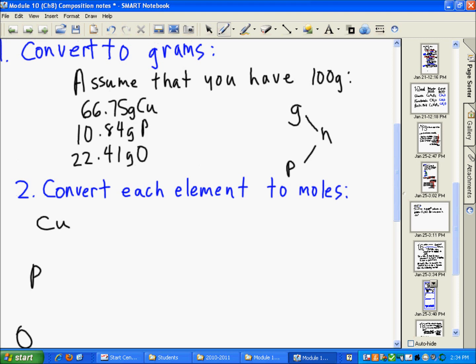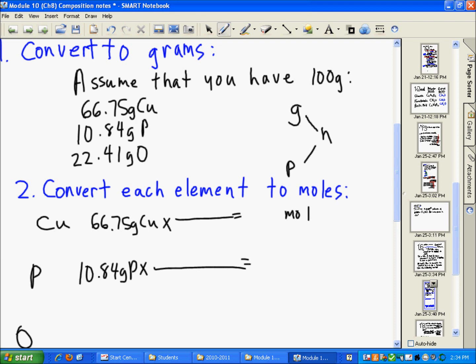So we're taking our 66.75 grams of copper, and we need to convert that to moles. We're doing the same for phosphorus. And then we're doing the same for oxygen.